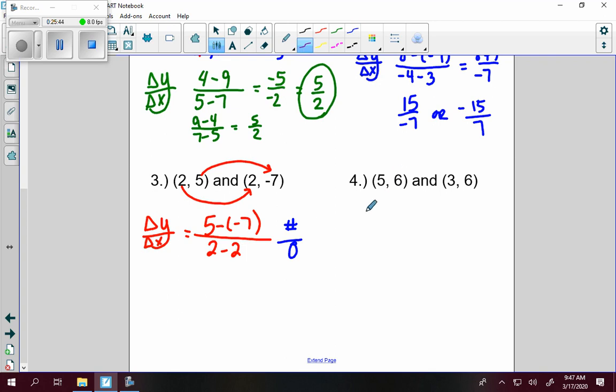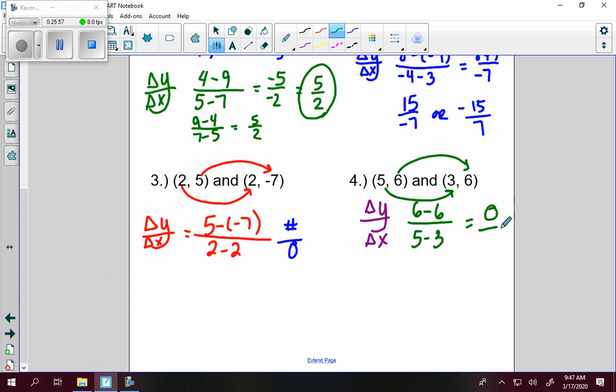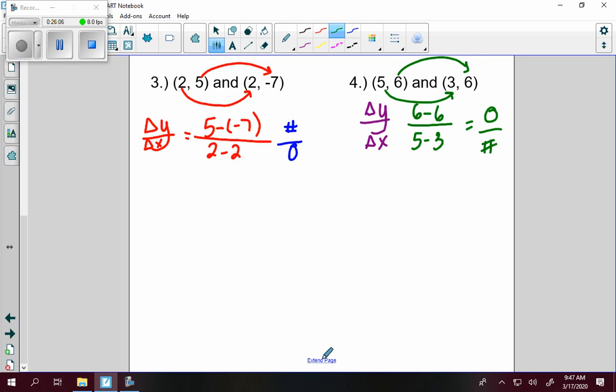Let's do the next one, change of my y's over the change of my x's. If I did 6 minus 6 over 5 minus 3, I have 0 over a number. Oh no! The difference in these, if I have 0 over a number, if I have a number over 0, since 0 is under, it's undefined.